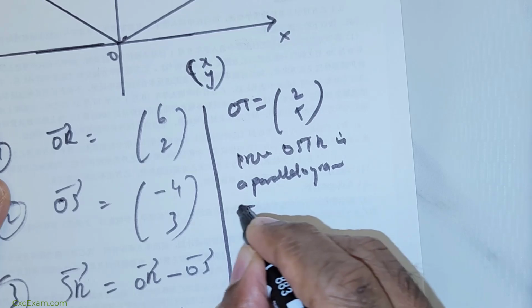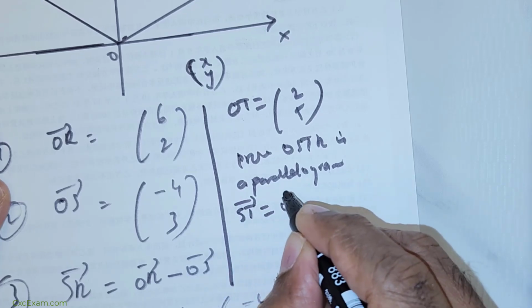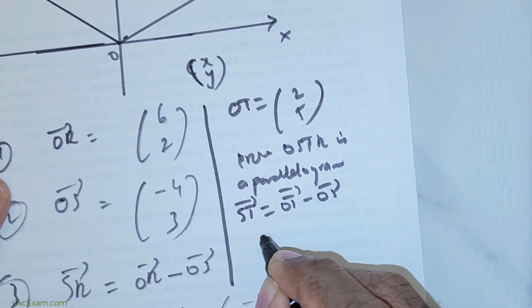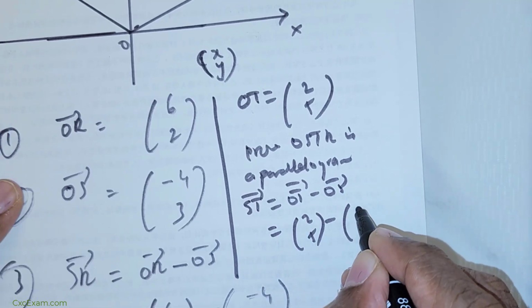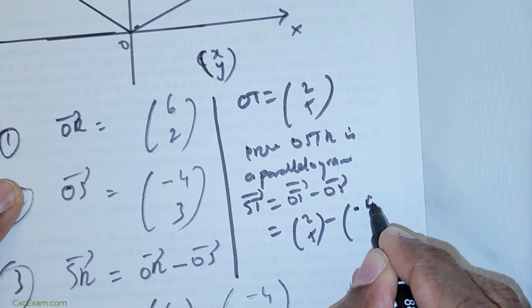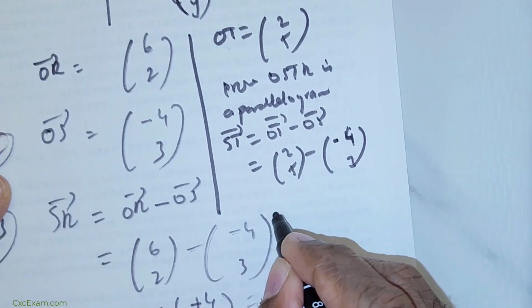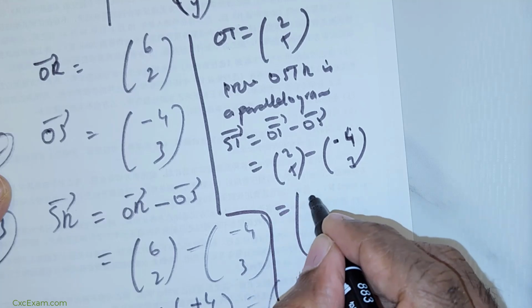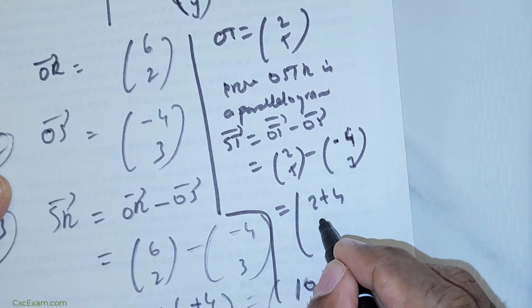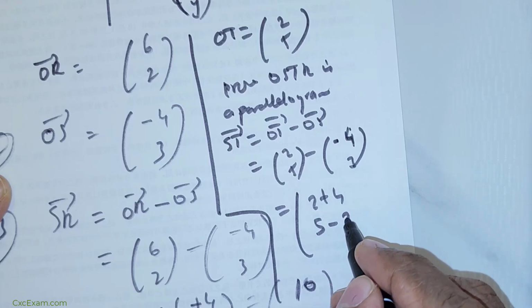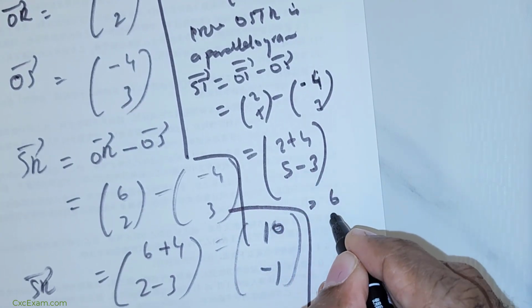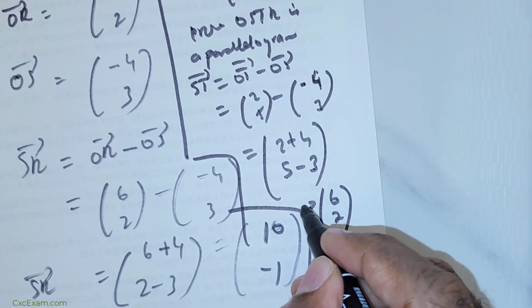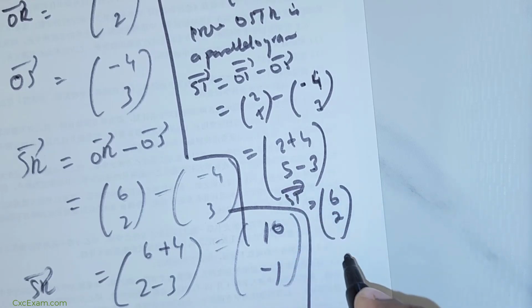Okay, so ST vector is OT vector minus OS vector. OT vector is [2; 5] and OS is [-4; 3]. Now this is equal to 2 minus negative 4, which is 6, and 5 minus 3 is 2. So what is this? This is my ST vector. [6; 2].